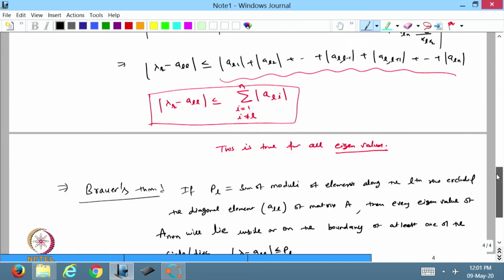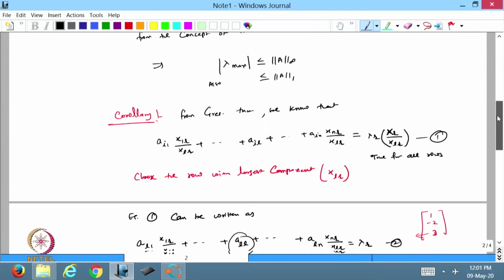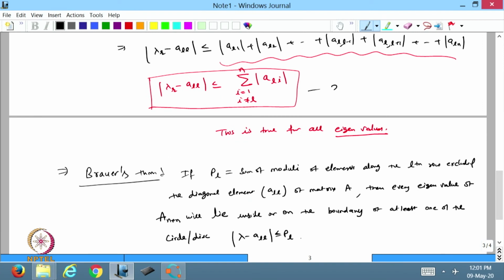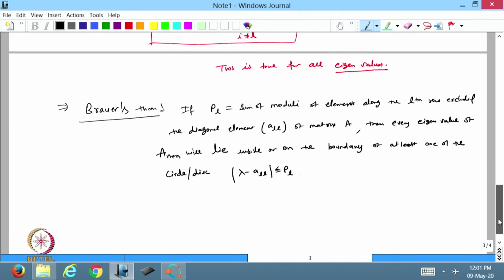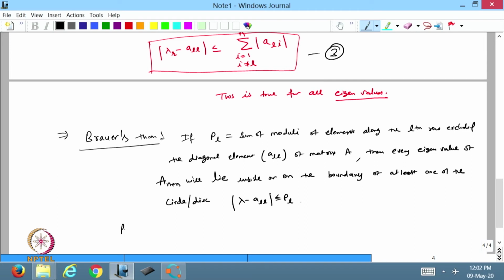I will just call it equation number 1, 2 and this is 3. So, the proof or statement is this one.